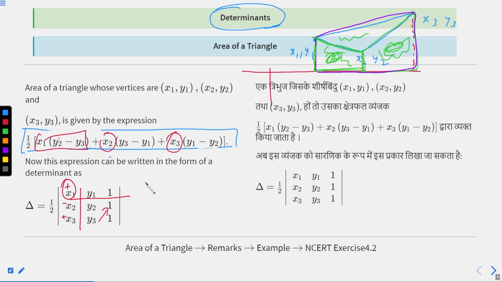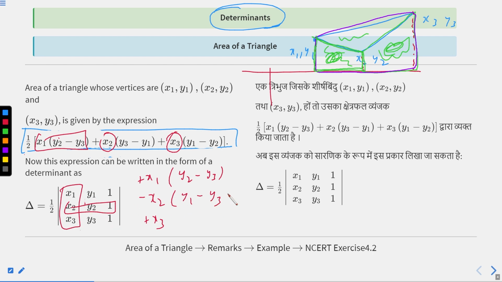What about this? Let me write it over here: x1 minus x2 plus x3. For this you will get y2 minus y3. For this, eliminate this row and this column, and you will have y1 minus y3. Simple. And for x3 you eliminate this column and this row, and you have y1 minus y2.